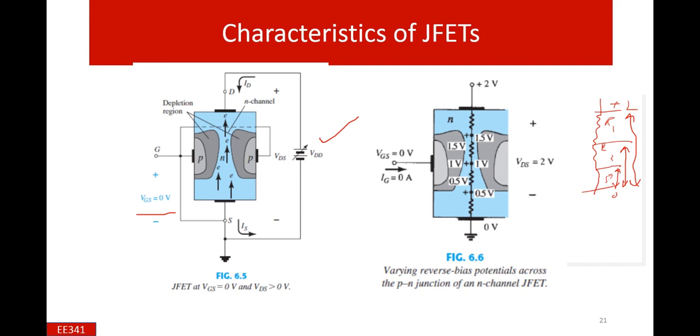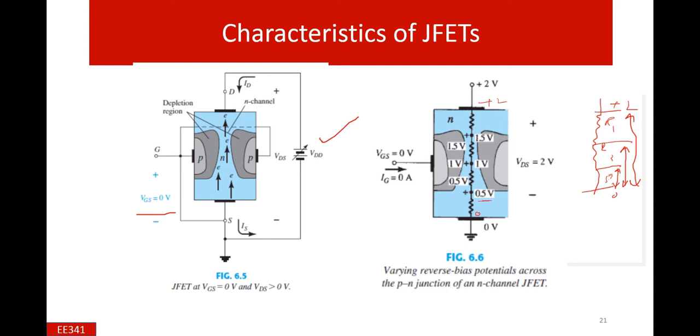So this is, we can say, the voltage drop. At this end, for example, at this point voltage is 0, at this point is 0.5, and for simplicity, if we divide into some equal portions of the resistances, then 0.5, 0.5 and 0.5, and there is 2 volt here, positive.